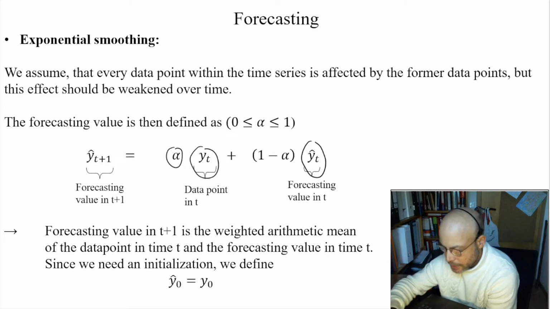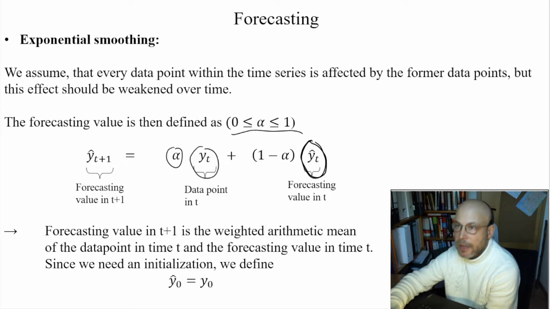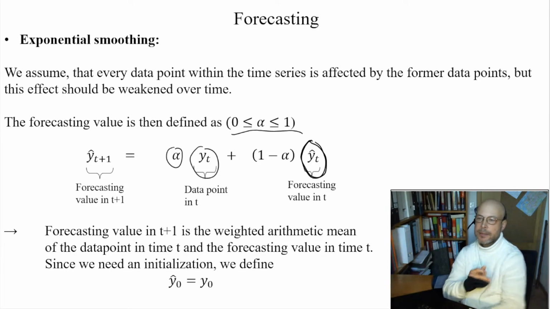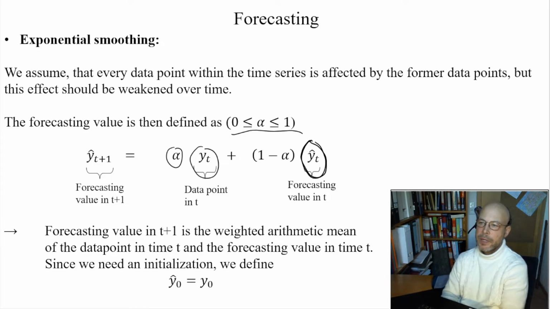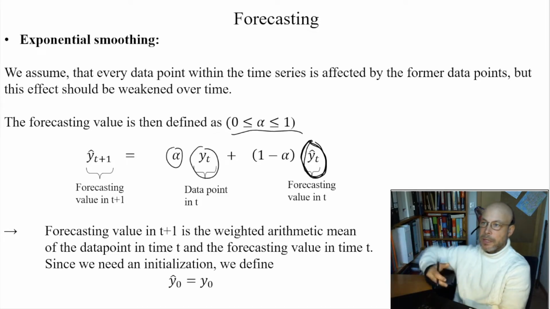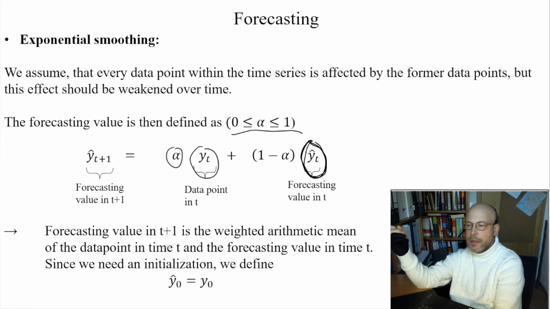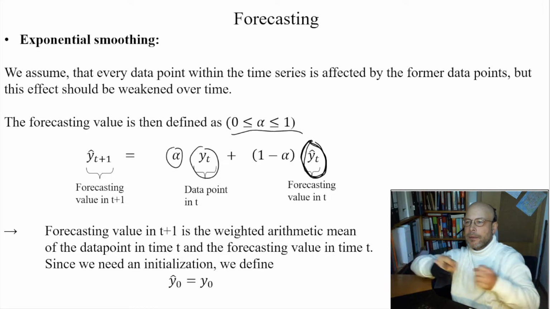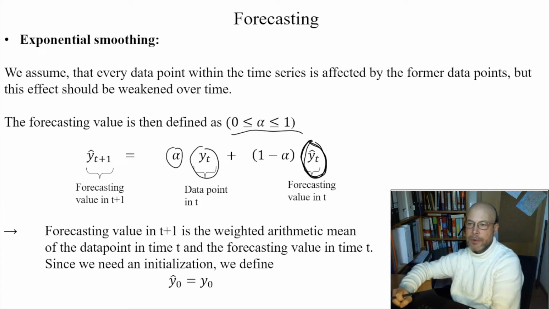Alpha is a number between 0 and 1, plus 1 minus alpha, our last forecasted value for the data point t. Of course, we need these historical forecasted values. And where do we get these forecasted values? Well, of course, by averaging all historical data points.